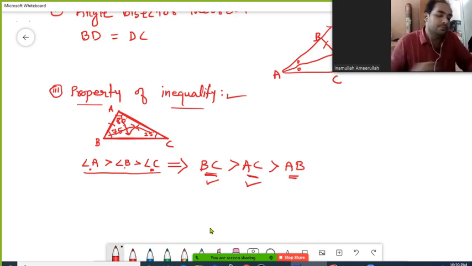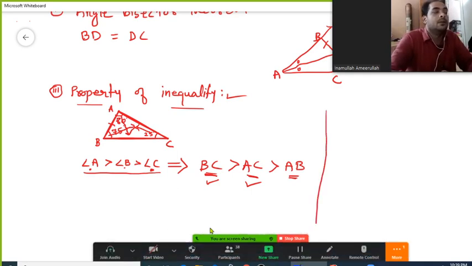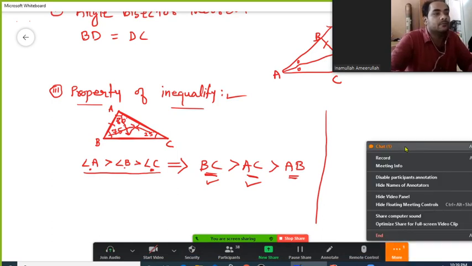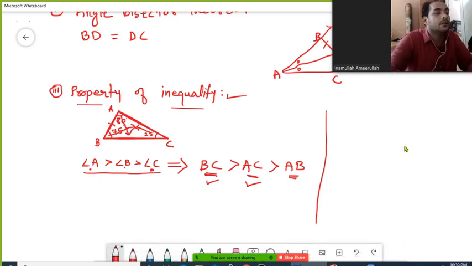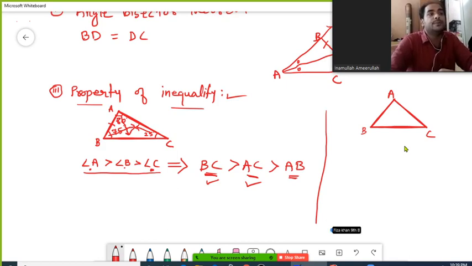One more important property which you need to remember: suppose you have a triangle ABC. This property says the sum of any two sides of a triangle should be greater than the third side.